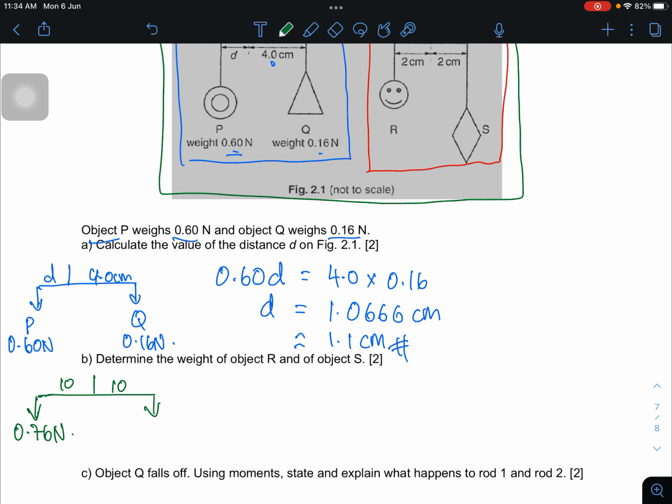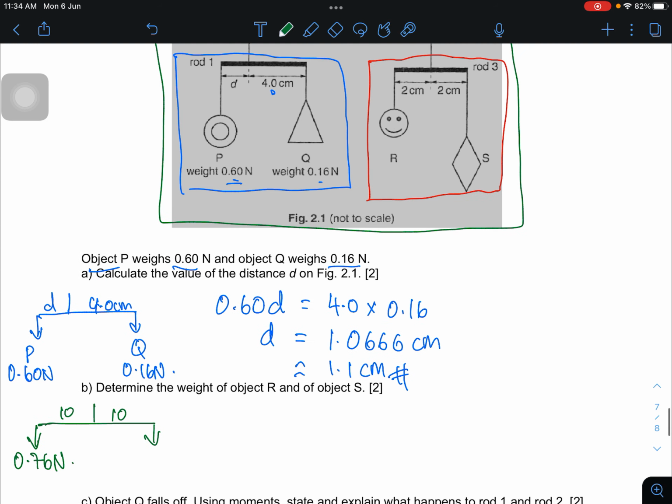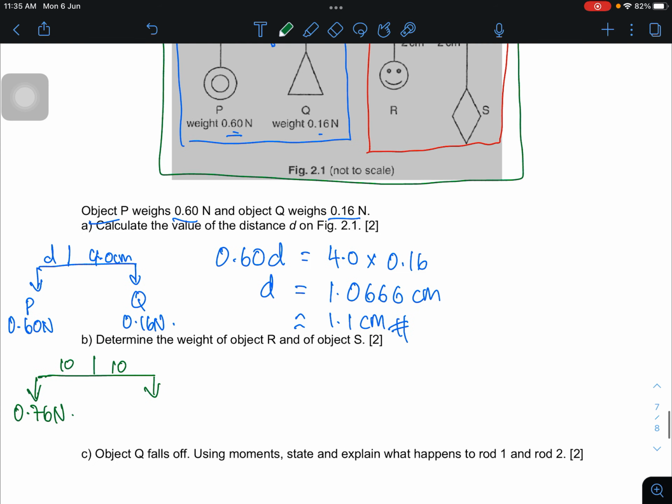So over here I also have the total weight due to R and S. But how do I find R and S now? Just look at this entire system that I just drew. They are equidistant from the pivot, which is this line. If this is 0.76, what do you think this value must be?